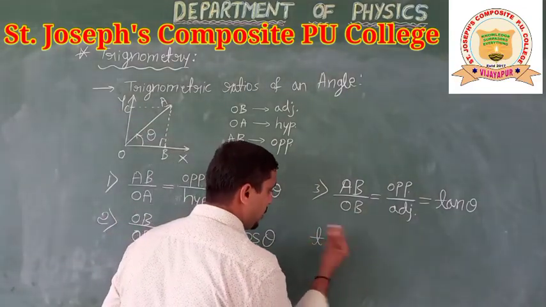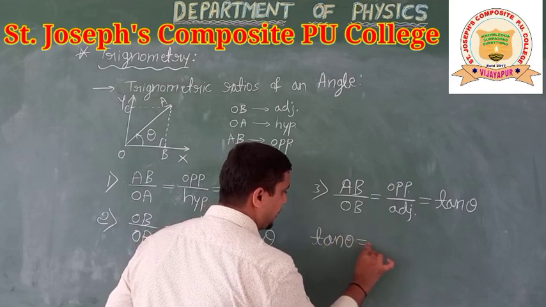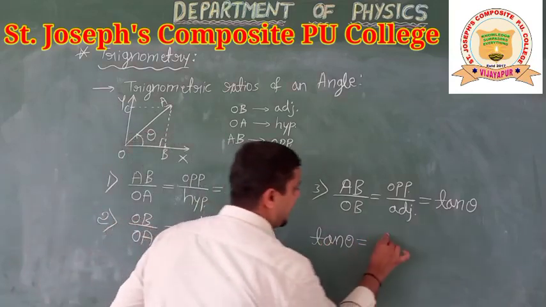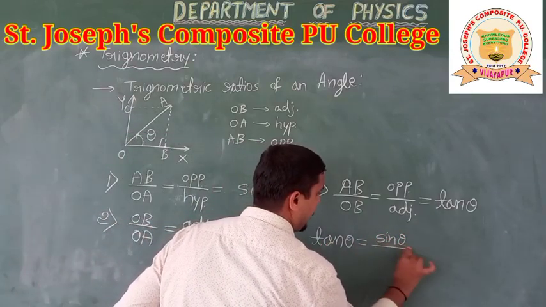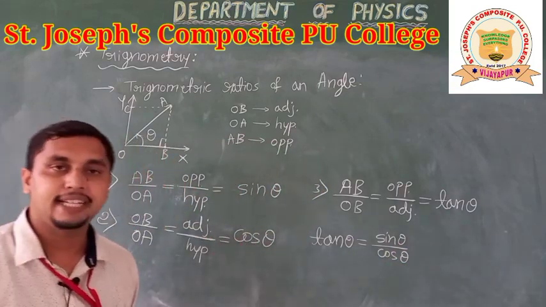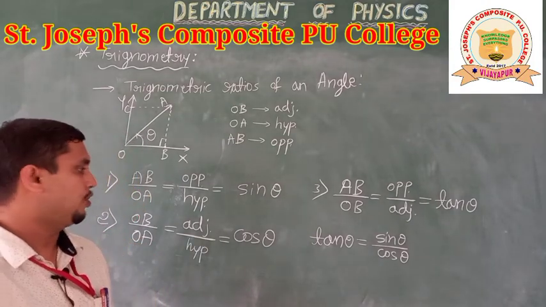One or two important ones I will mention here. The remaining things you have to note down yourself. Tan theta is equal to sin theta divided by cos theta, that you already know.